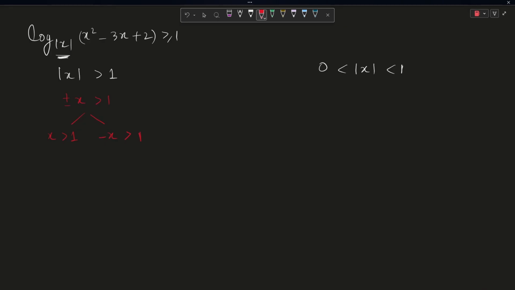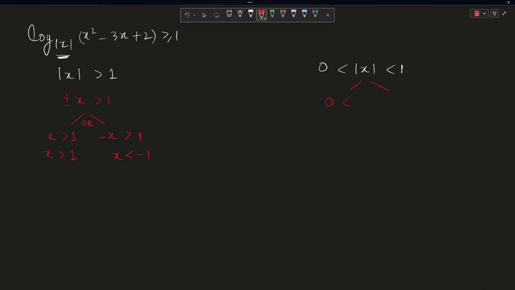So when minus x is greater than 1, multiplying both sides by minus, we will get x less than minus 1. This is the OR condition, so we will put a union in between these two cases, right? And in the other case, again, we will be getting two cases.